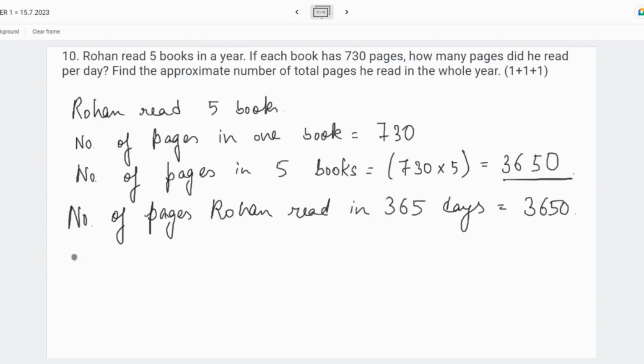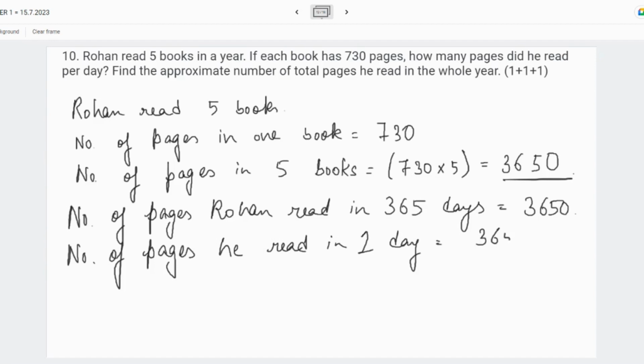Number of pages Rohan read in 365 days. Why did I write 365 days? Because in a year there are 365 days. That's why I wrote 365 days.